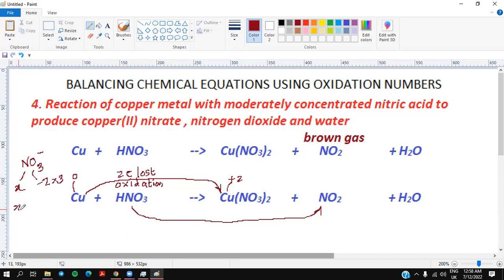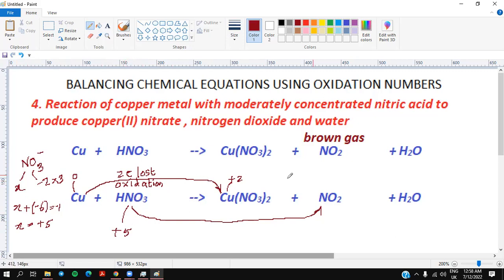X plus, straight away I will write -2 into 3 as -6. It is equal to -1. So final answer gives you the oxidation number for nitrogen is +5. So oxidation number of nitrogen here is +5.